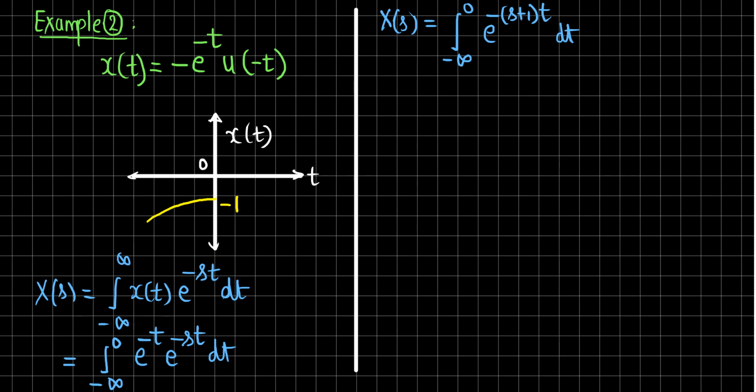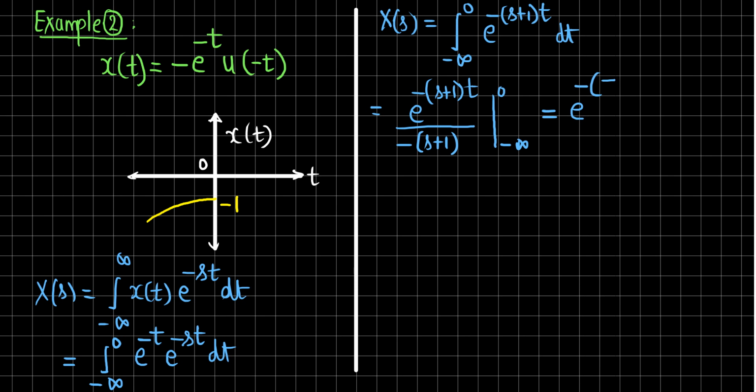Now we can solve this as e power minus s plus 1 times t divided by this minus s plus 1 factor, with the limits from minus infinite to 0. We should be careful while replacing these limits. We cannot directly replace these limits here in t. So before replacing these limits, we should separate out the real part and imaginary part of s, so that we get a clear view of what is happening.